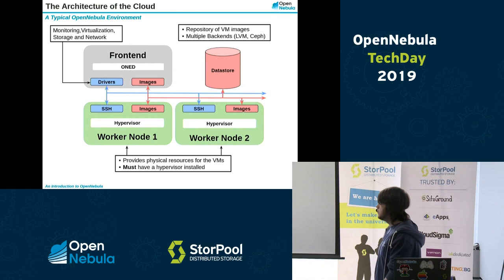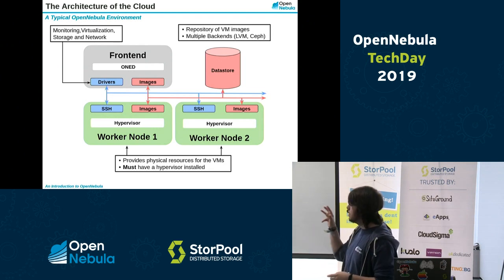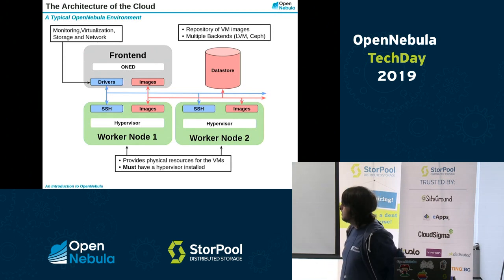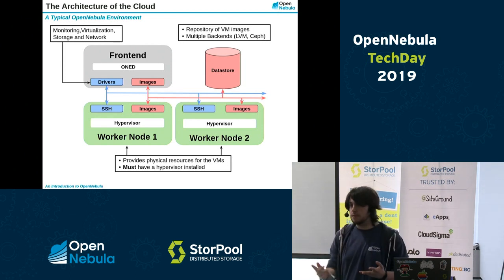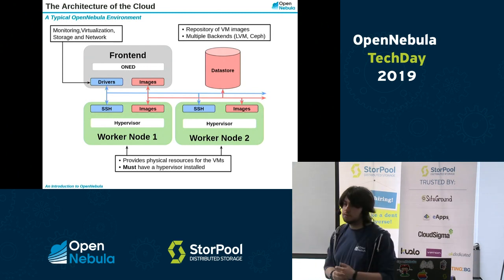This is an overview of what is installed in the virtual lab and a typical OpenNebula environment. We have 3 nodes. The first node is the frontend, where the OpenNebula daemon is installed, and we have all the drivers to manage storage, network, etc. Then we have 2 hypervisors. These are the worker nodes.